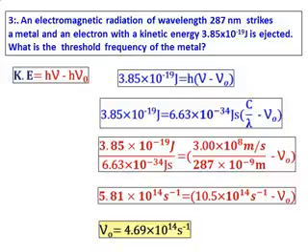Take out the h, which is common between nu and nu 0, and then bring the h to the kinetic energy side. Since nu is not given, you calculate it using the velocity of light and the wavelength. Convert the wavelength into meters, and after you calculate all these things, the whole equation becomes simpler. It will be a simple subtraction, and the threshold frequency nu 0 can be calculated.